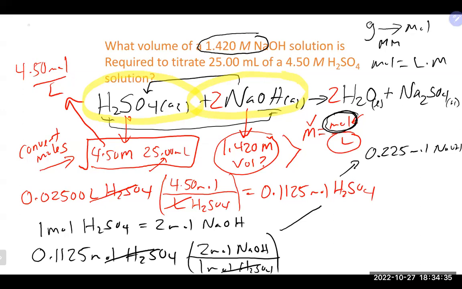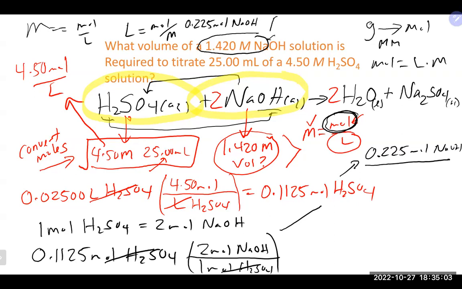So molarity is our moles per liter. In this case, our liters would be moles divided by molarity. Using the moles that we calculated for the sodium hydroxide, which is 0.225 moles of sodium hydroxide, and the molarity of sodium hydroxide that was given to us, we're going to divide by the molarity, 1.42 moles per liter of sodium hydroxide.